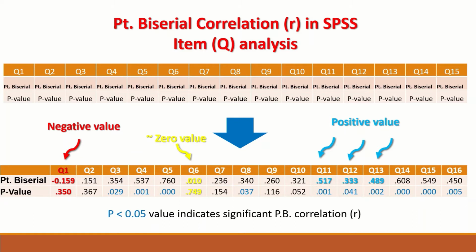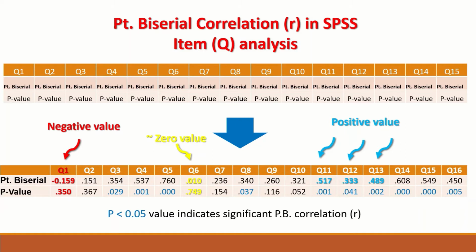Again, from the table at the bottom, we can say that question number 3 is a good question. Question number 4 is a very good question. Number 5 is a very good, if not excellent, question. Number 7 is not a good question. Number 8 is a good question.